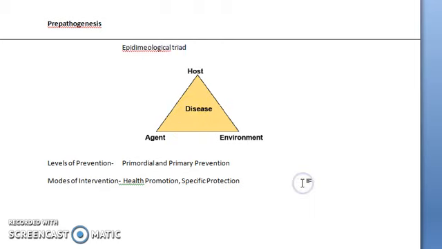It's a culmination of three things. The host should be very susceptible. He should not have strong defenses against this. The agent should be virulent. The environment should be favoring this kind of a disease state. So that is the epidemiological triad.